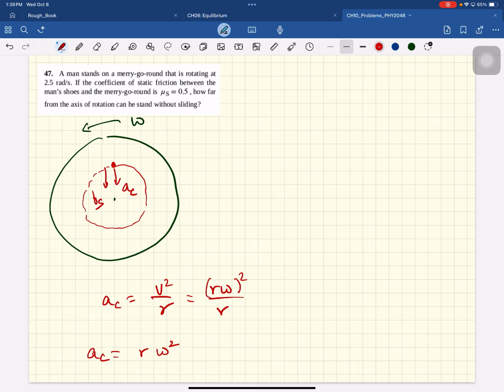It can vary, and it has a maximum value. The maximum static friction force is mu s times the normal force, and the normal force on him is, since this is the top view and he's standing on this merry-go-round, equal to his weight, mg.